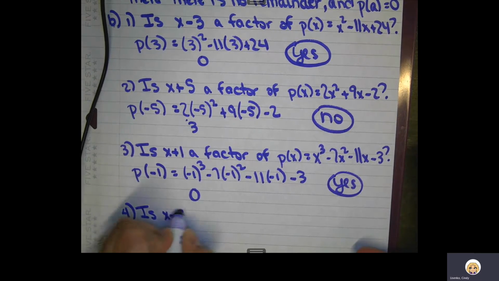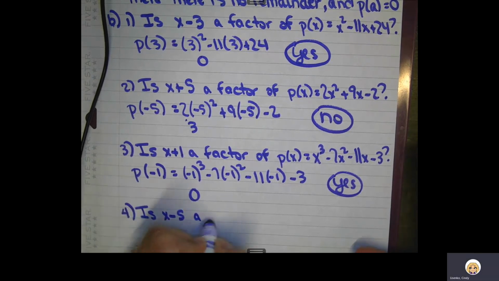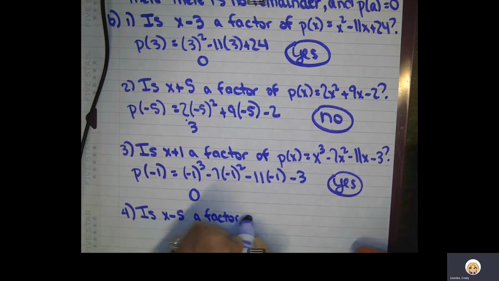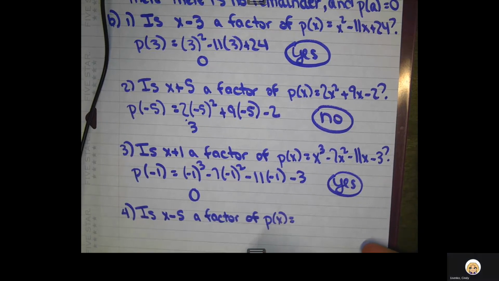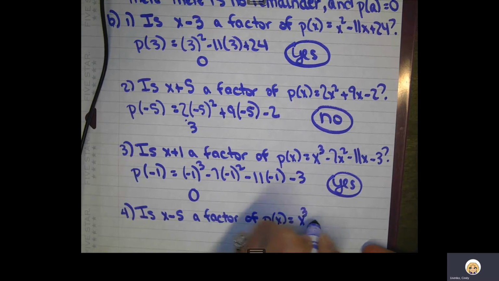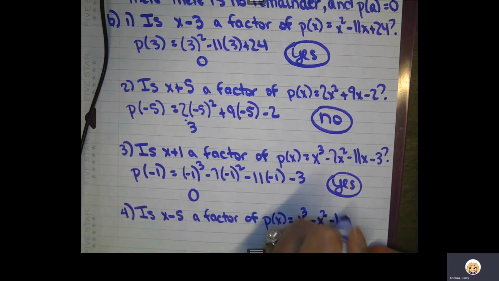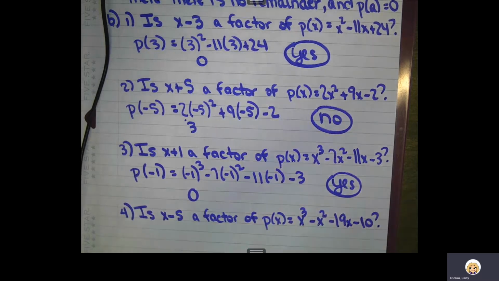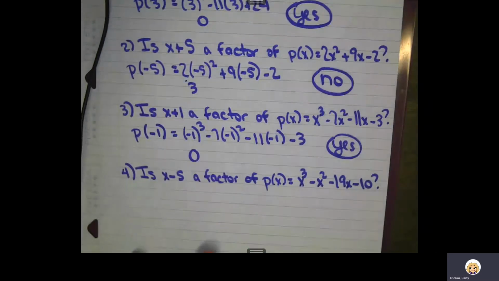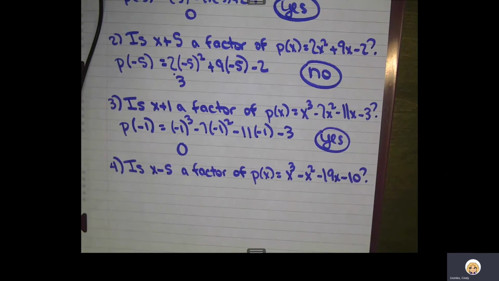Is x minus 5 a factor of p of x equals x cubed minus x squared minus 19x minus 10. So in order to determine if it's a factor, we're going to use the remainder theorem.